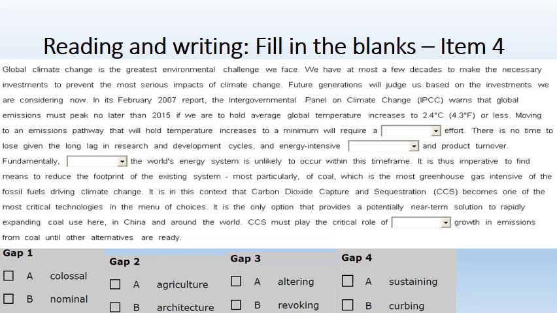This is quite a longer one, but a nice topic. Global climate change.